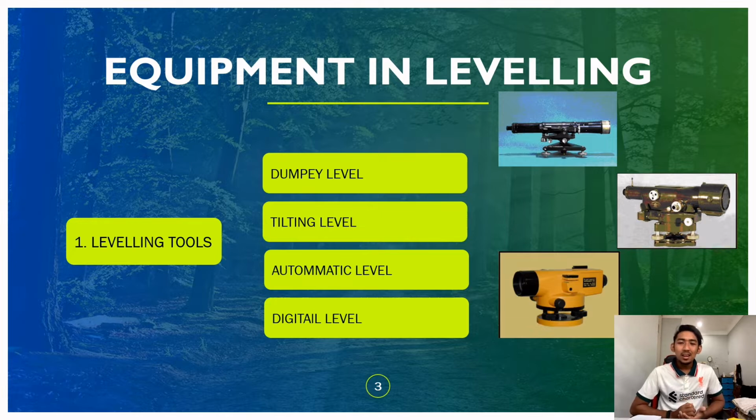Okay guys, before I go through my slide about equipment in leveling, I want to tell you about the leveling function. First, we know that leveling is to measure the difference in height between 2 points, which is point A and point B, or point C or D, or other points.